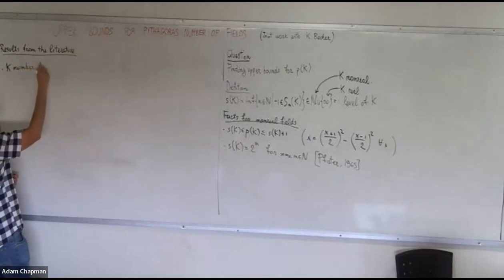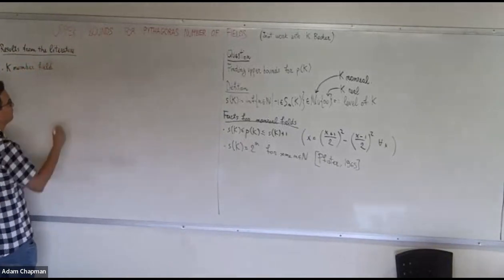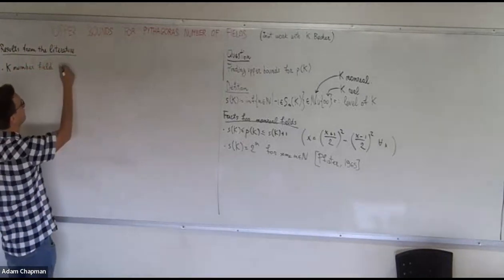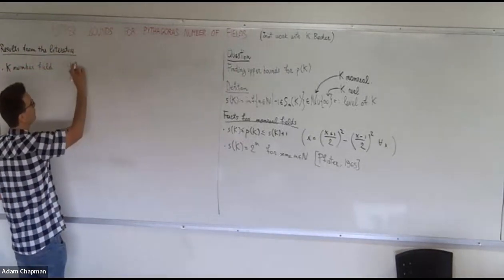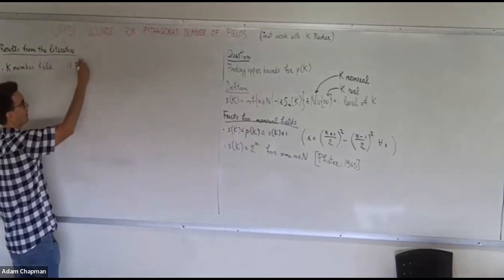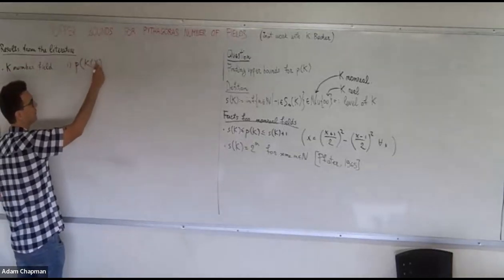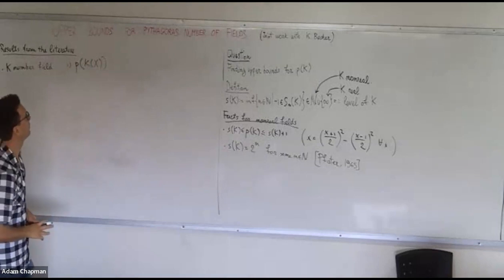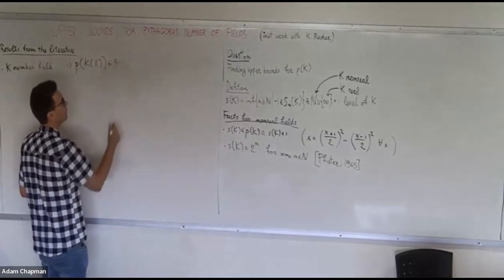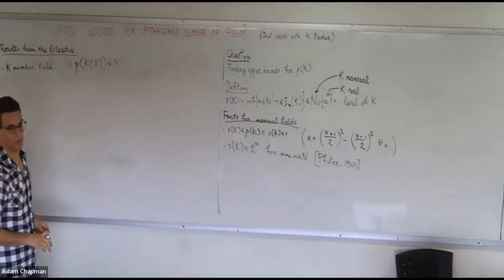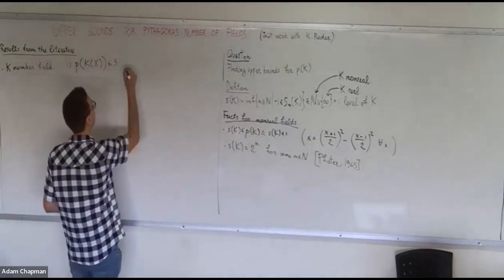So K is a number field, and we consider a rational function field in one variable over K, and then there is an upper bound for the Pythagoras number, it's 5.